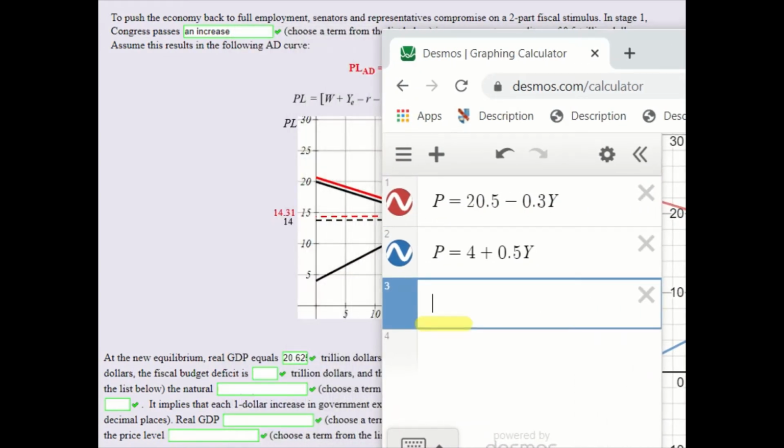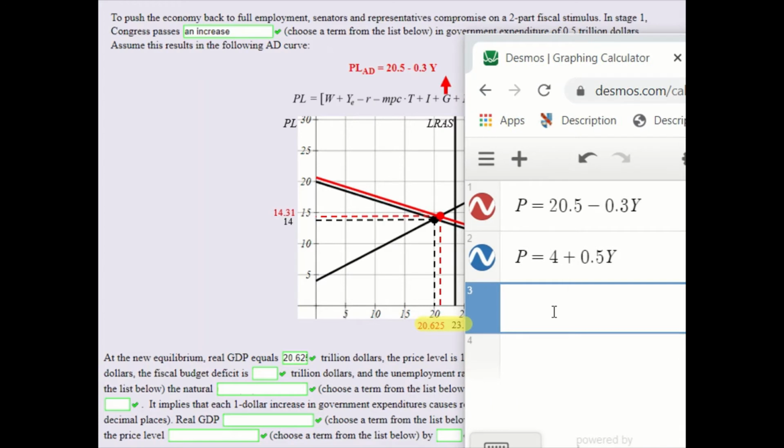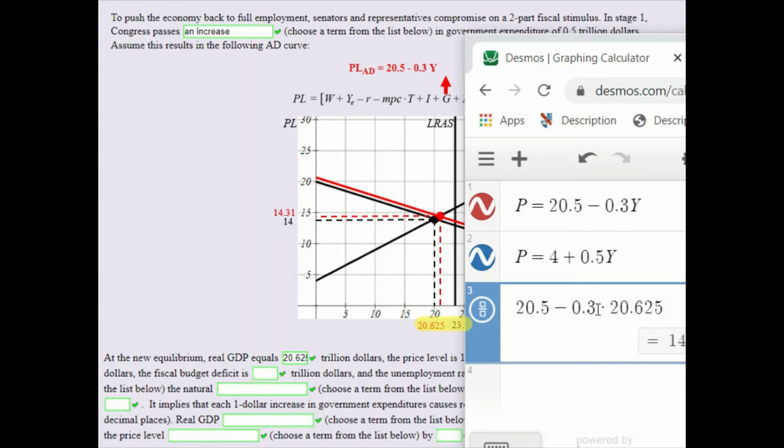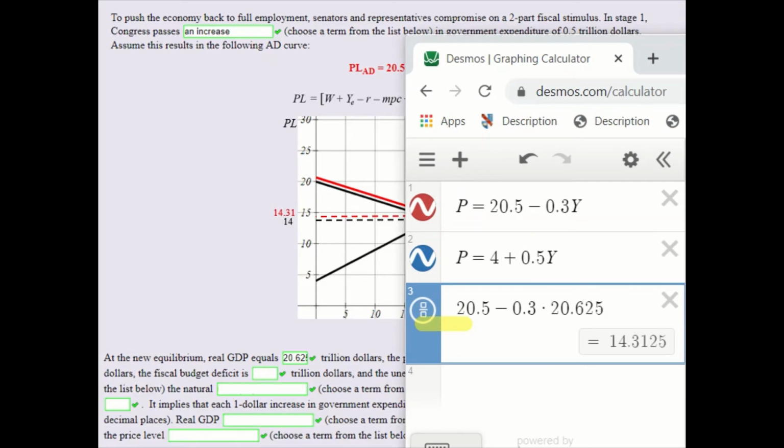So 20.5 minus 0.3 times the new GDP level, which is 20.625. And I get 14.31.